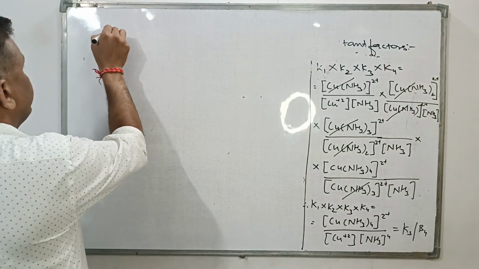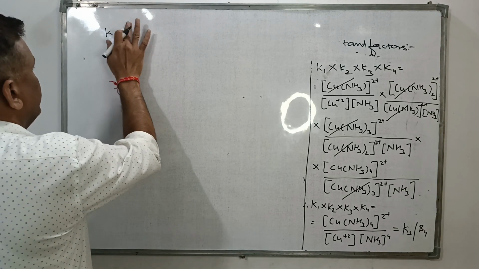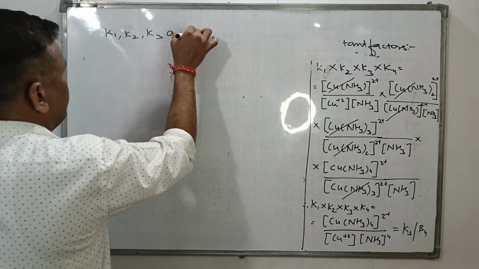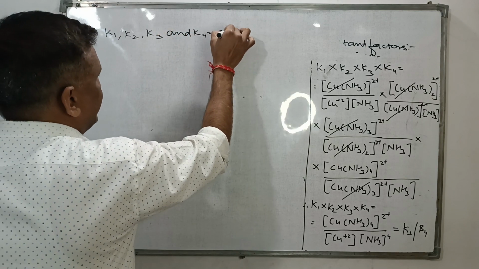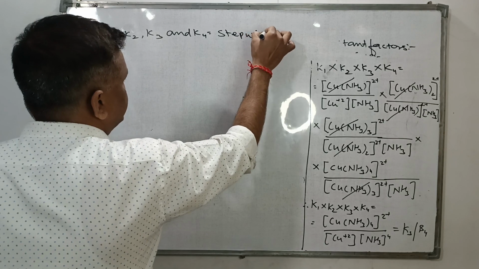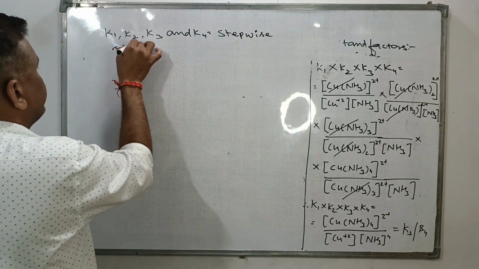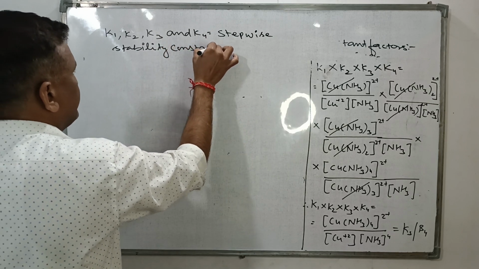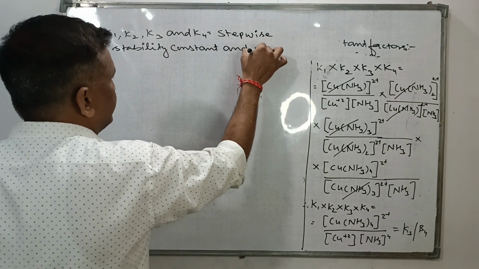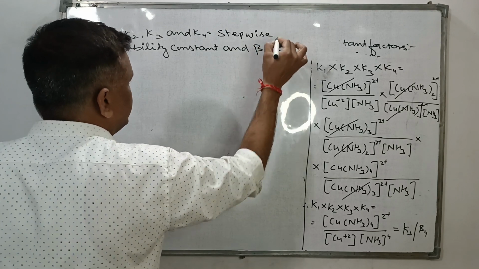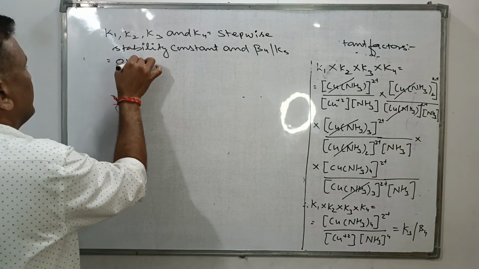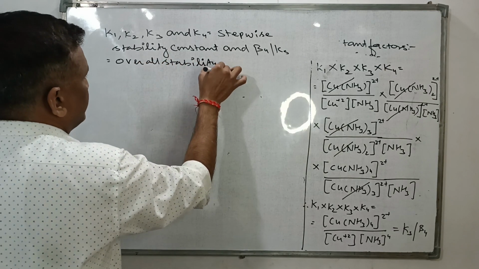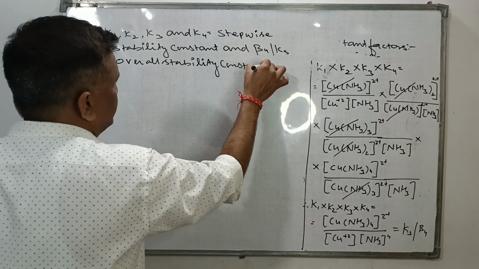This is your K1, K2, K3 and K4 are the stepwise stability constant, and you can say beta 4 or Ks is your overall stability constant, and that is as follows.